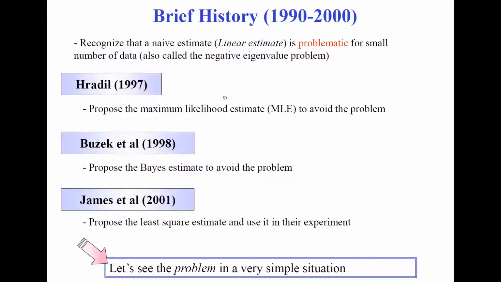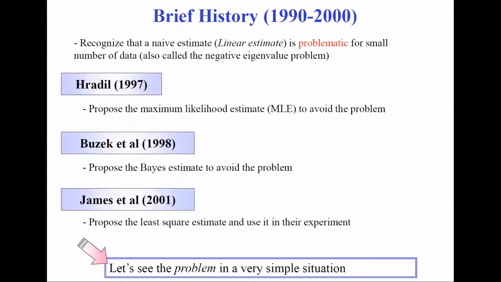Okay, let's see the brief history. Decades ago, some people recognized that a naive estimate, which is called a linear estimate, is problematic for a small set of data. This problem was called the negative eigenvalue problem.